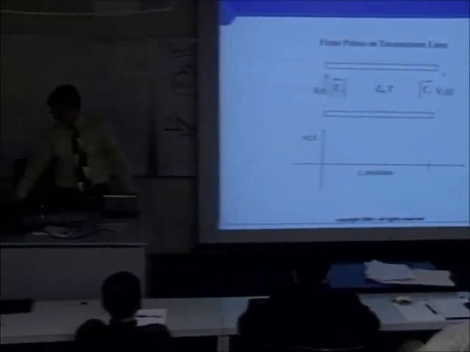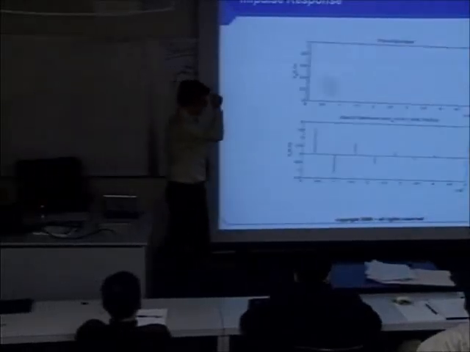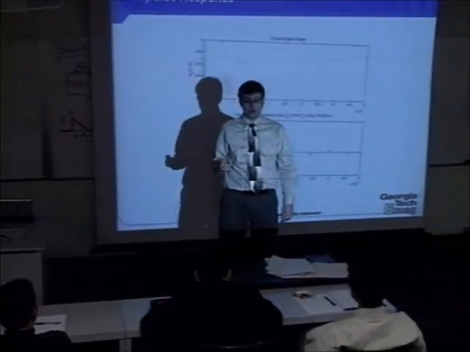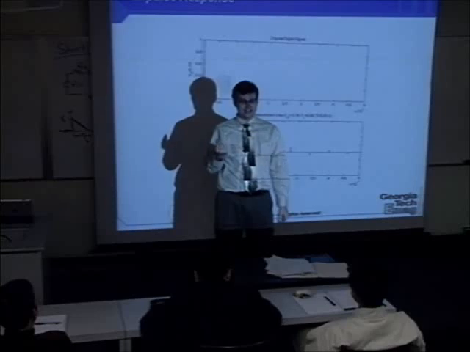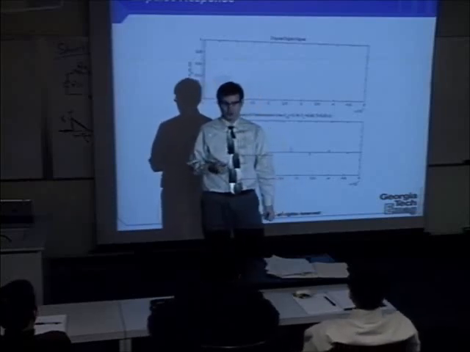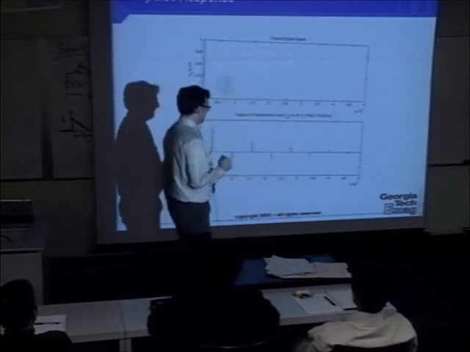So let me go to the next slide. Our impulse response. One of the pulses that you can put on a transmission line is, of course, a very narrow impulse, like one of those Dirac impulses you probably learned about in 2025. You learned about that in there, right?